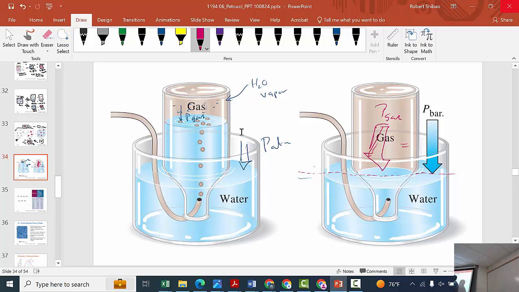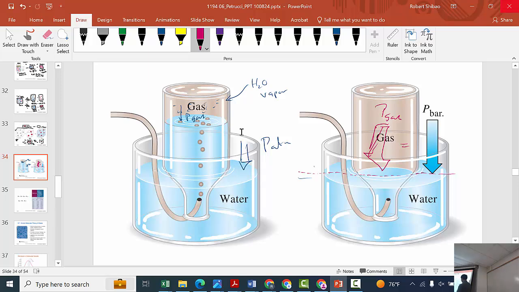And so if the pressure of the gas is too low, you know what we can do? We can't do it for this because this is not deep enough. So what we can do is force this down lower. As we force this container down lower, it's forcing water up into the container. As it forces water up into the container, it compresses the gas. So pretty soon the gas pressure will be higher and higher until it matches. So we just push this down until this level matches this level.